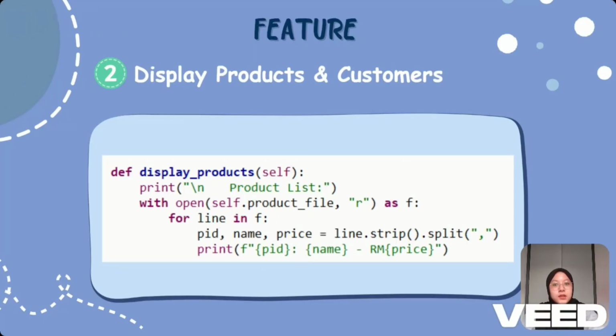So the first function is display_products. The display_products method reads from the products file, and each line contains a product ID, name, and price separated by commas. The function splits the line into parts and prints them in a clean and readable format, making it easy for users to view the available products.